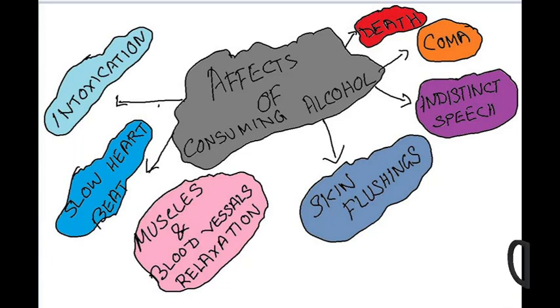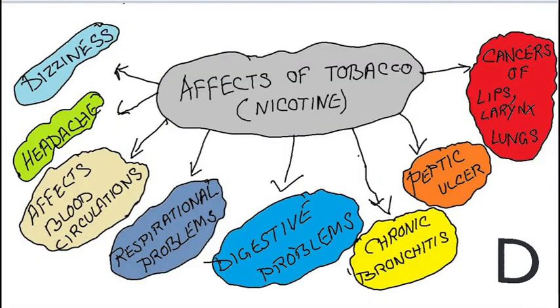Therefore, young people should be sensitized to the life-threatening harmful effects of smoking and chewing of tobacco in any form, because tobacco can also cause addiction. Now the next most commonly abused substance is alcohol.